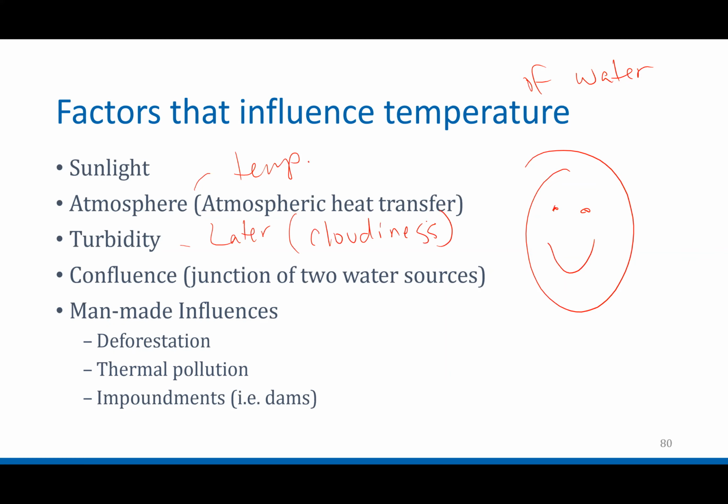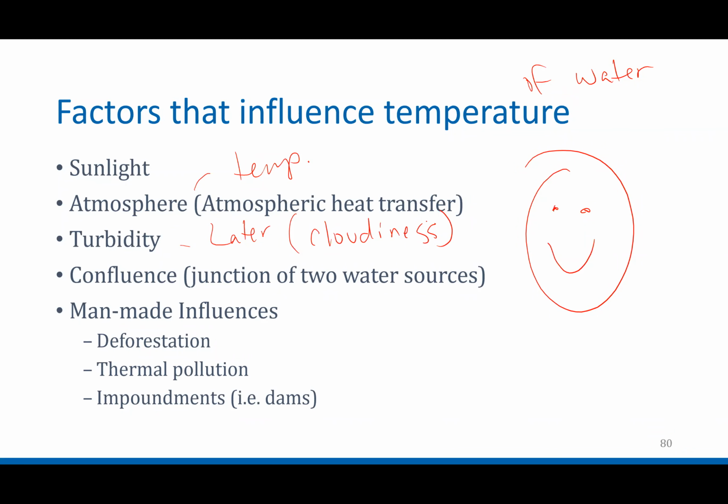Turbidity basically means the cloudiness of water. Water that looks kind of gross, the word murky comes to mind. That is turbid water. So that can block sunlight and lower the temperature. We'll talk more about that towards the end of this chapter.